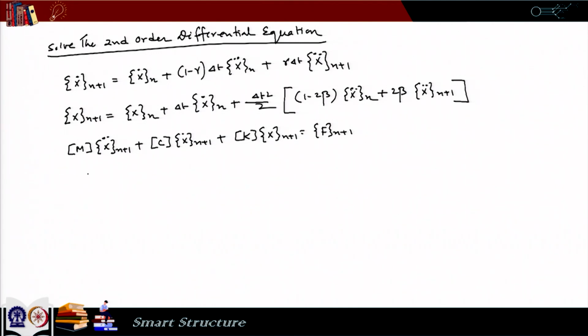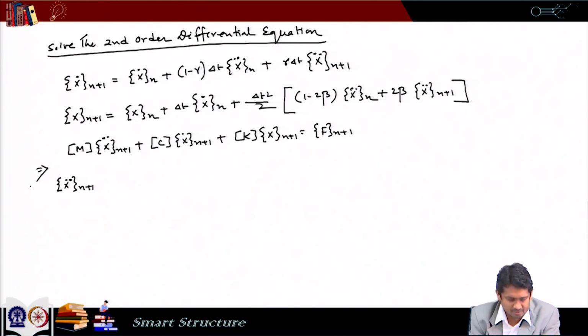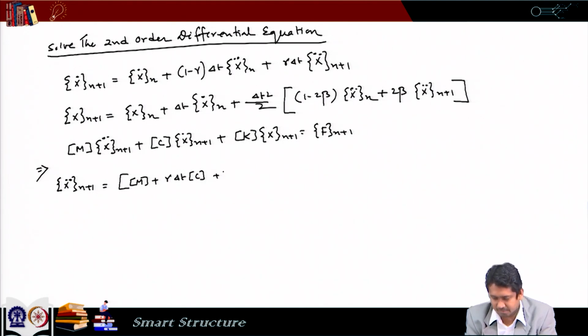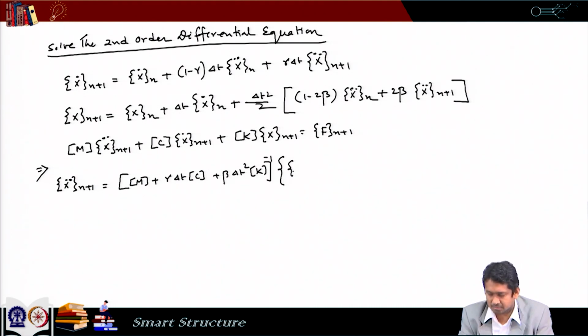So, if we write from here, x double dot at n plus 1 becomes m plus gamma delta t c plus beta delta t square k inverse, multiplied by f at n plus 1 minus the previous time step terms.